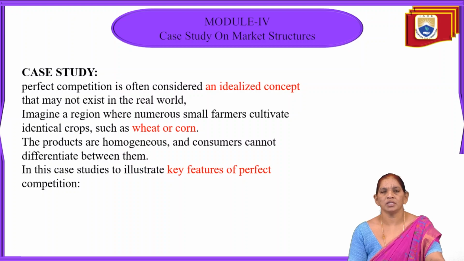In this case study, we have to illustrate the key features of perfect competition. The analysis covers how the key features of perfect competition work in a small region for a particular crop cultivated by the farmers.